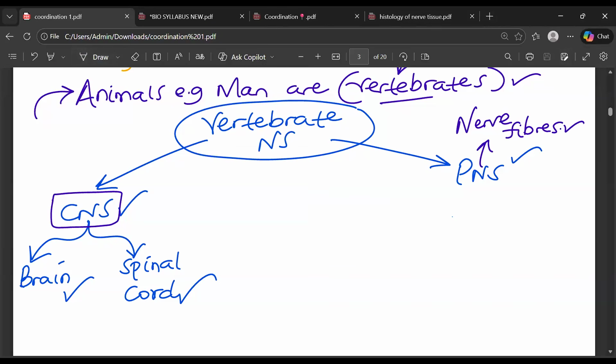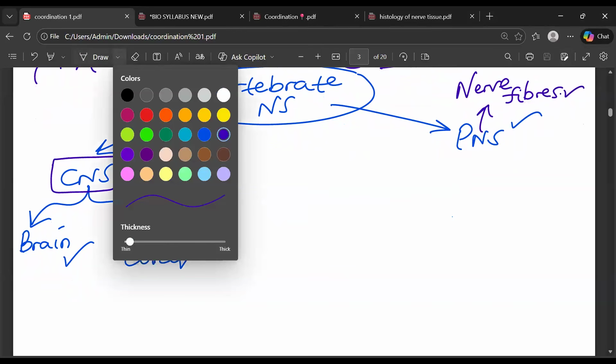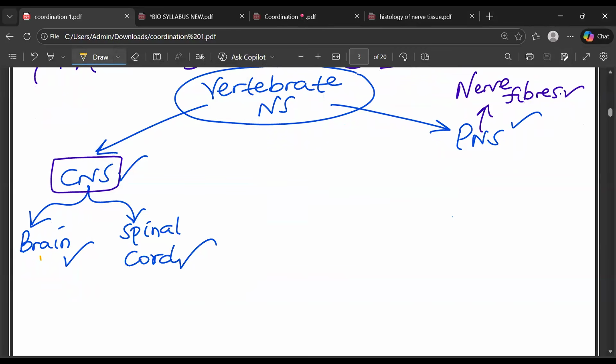Now, what I really want to tell you is that the story ends here for the central nervous system, the brain and spinal cord. Someone may be like, now, what of the other things we hear of, like sympathetic? How do they come about? So you listen carefully.